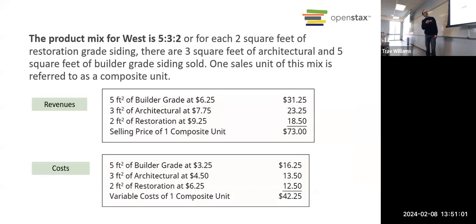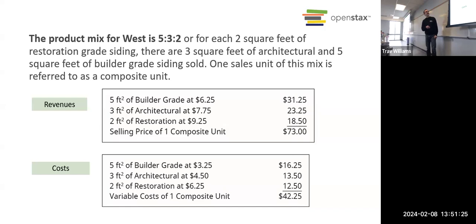So we know that for this company, they sell 5 units of the cheap stuff for every 3 units of the middle grade stuff and for every 2 units of the expensive stuff. They just know from history, by looking at their sales record, that is the ratio of what they tend to sell.